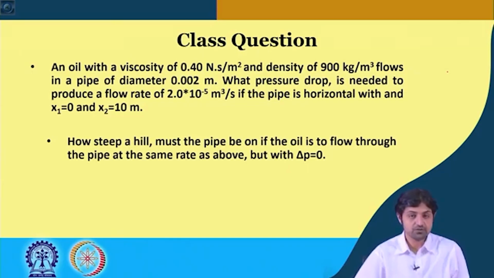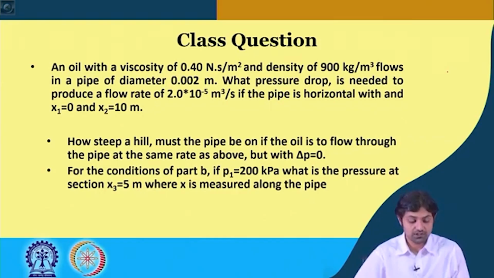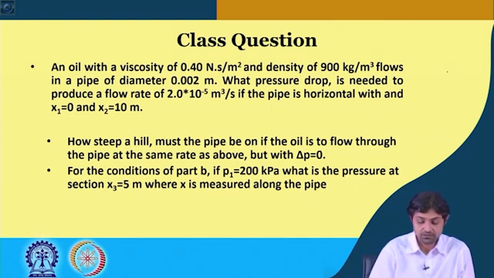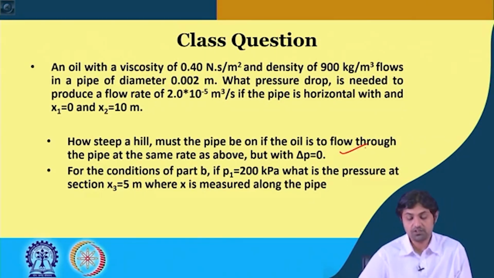That is the first question. Another question is, how steep a hill must the pipe be on if the oil is to flow through the pipe at the same rate as above with delta p equal to 0? And the third, for the conditions of part B, if P1 is equal to 200 kilopascal, what is the pressure at section x3 equal to 5 meter, where x is measured along the pipe?